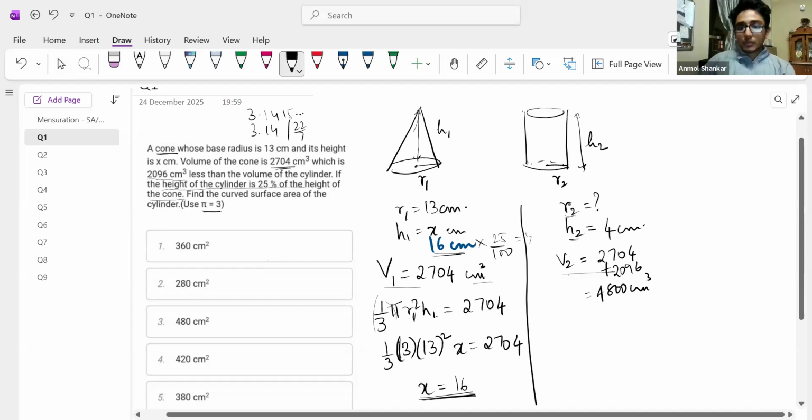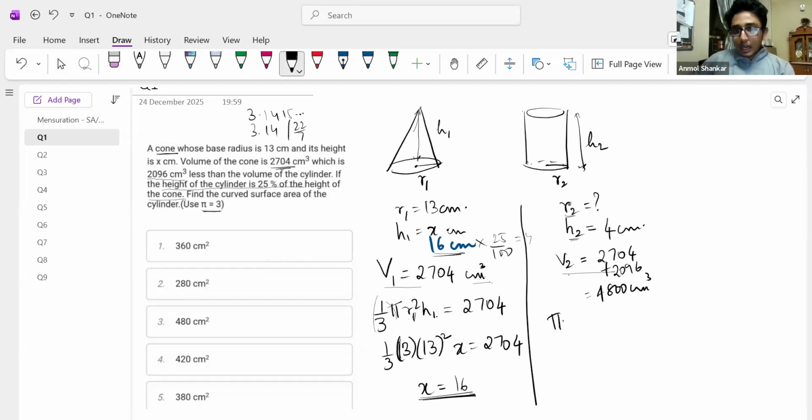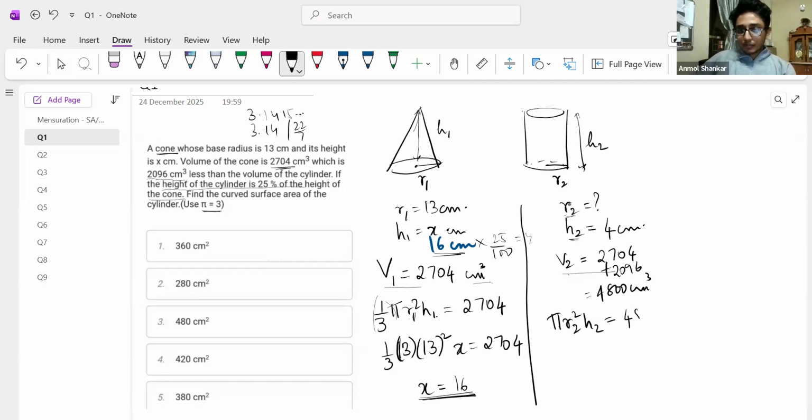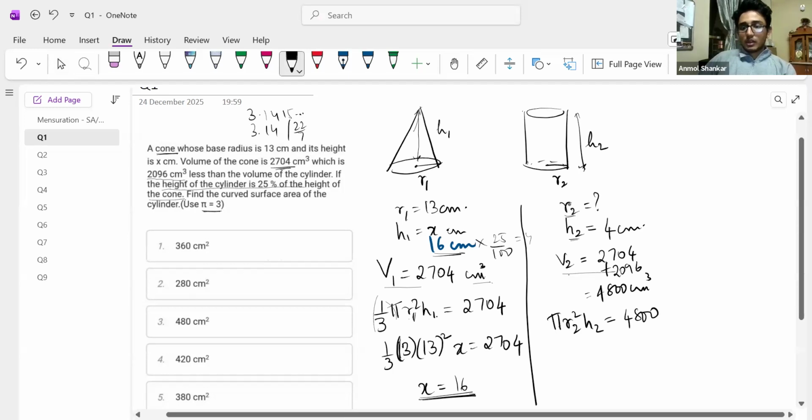So pi r2 square h2, right, pi r square h is equal to 4800. What do we know and what do we not know? Pi we know, pi is equal to 3. R2 we don't know. H2 is 4.